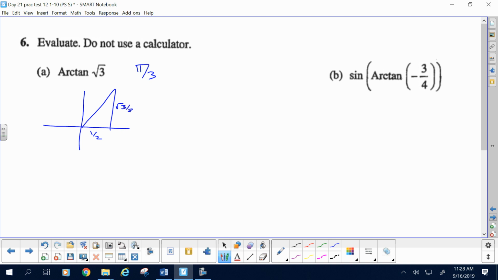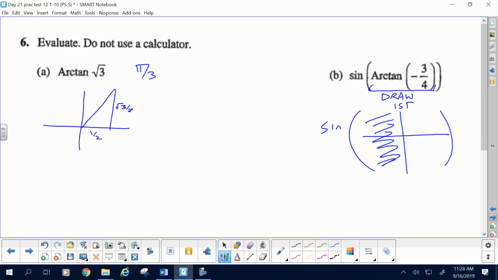Instead, it's a draw question. Draw first, then sine. I'm going to do the sine of something in a second, but let's first draw the picture. What quadrants is arctangent in? First and fourth.